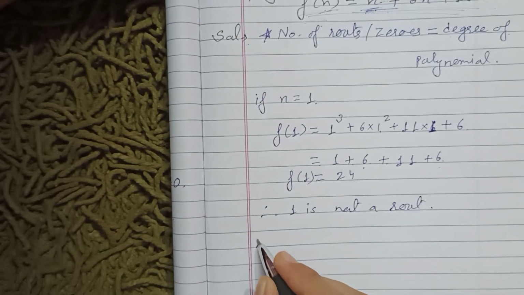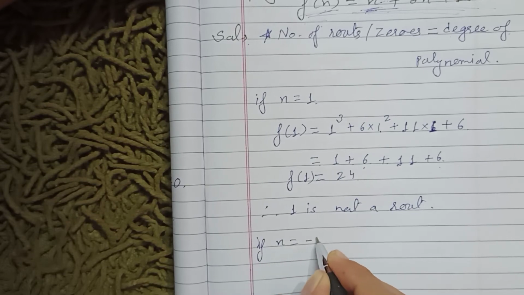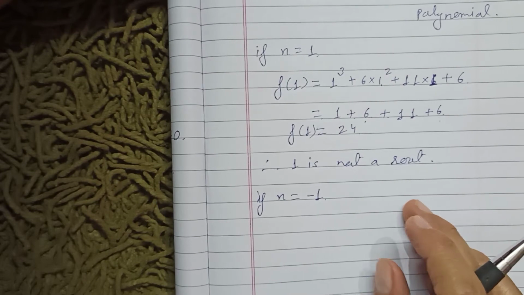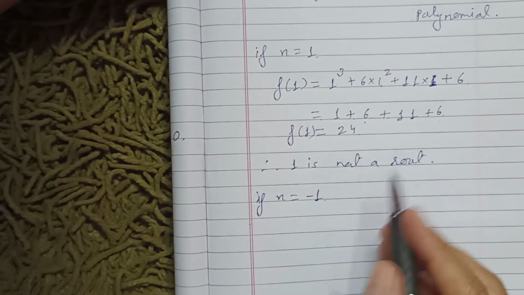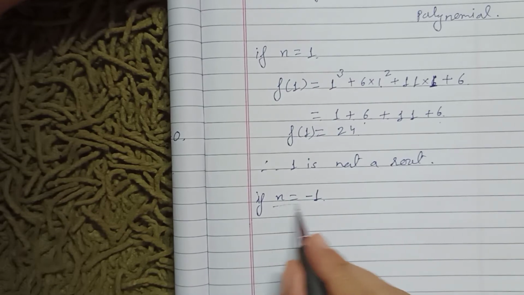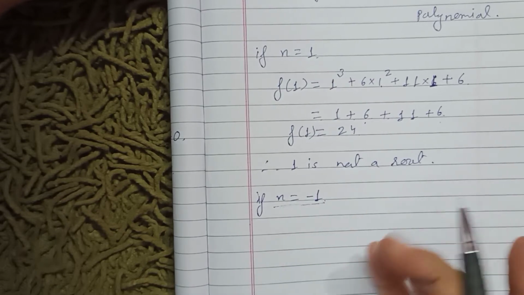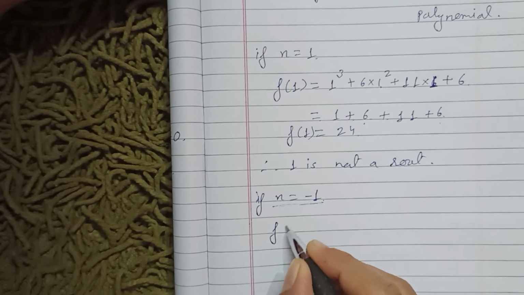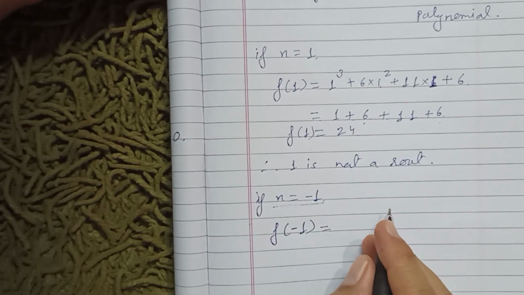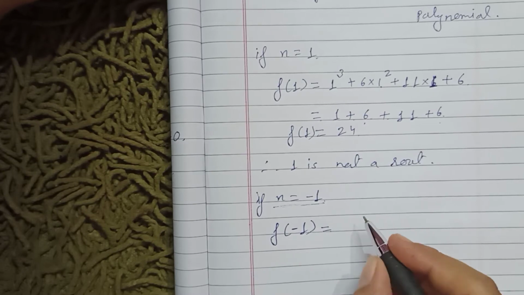Okay, now we will put x is equal to minus 1. This is the hit and trial method. We will assume some values of x and then we will calculate the value of the given polynomial at x equal to any assumed value. So now we will calculate f of minus 1. It means put minus 1 in place of x.